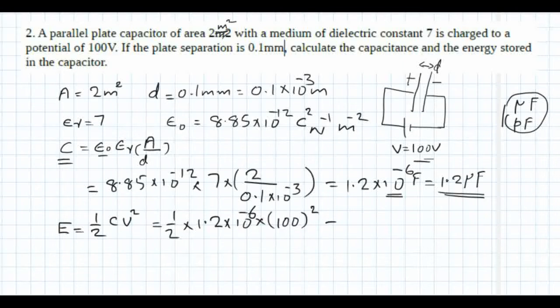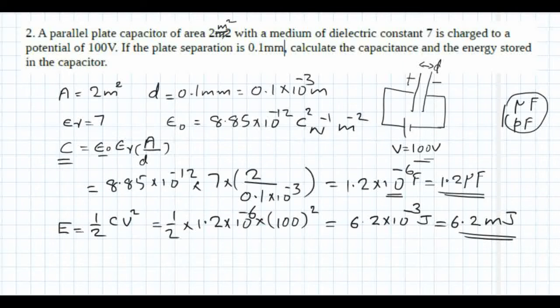When you solve this, you will get 6.2 into 10 raised to minus 3 joule. And 10 raised to minus 3 is called milli, therefore this is 6.2 millijoule. This is the energy stored in the capacitor.